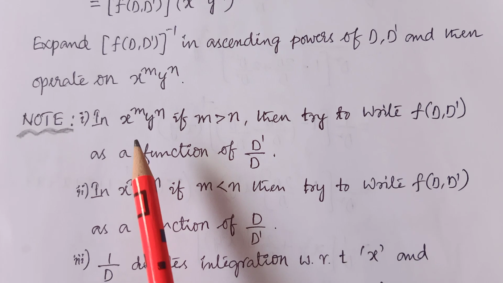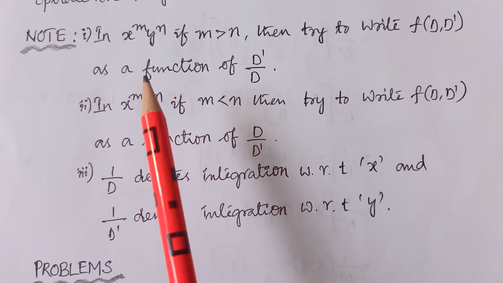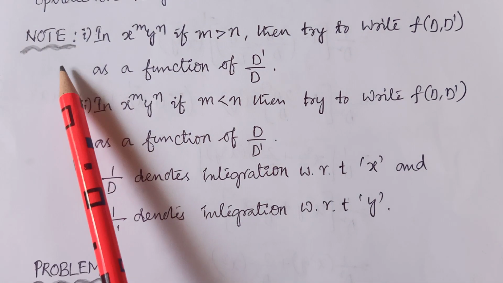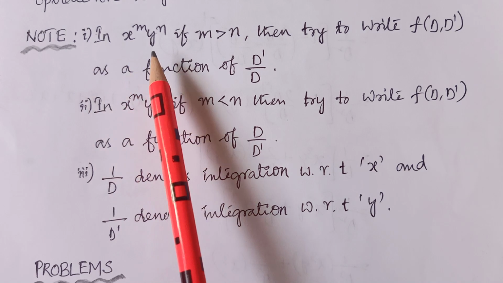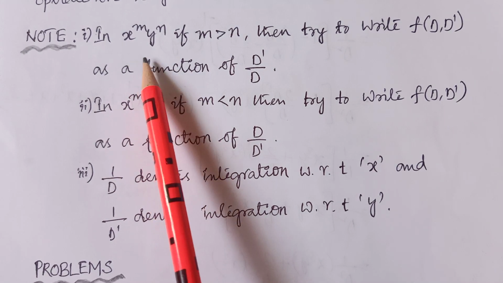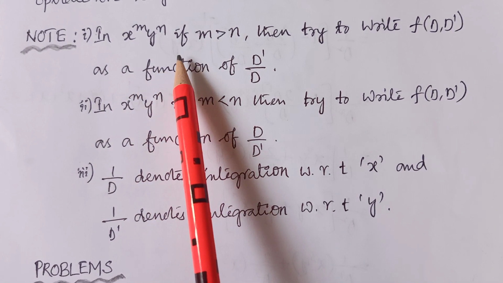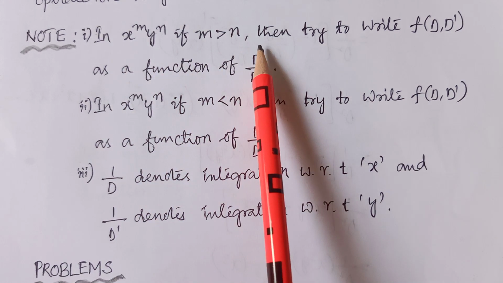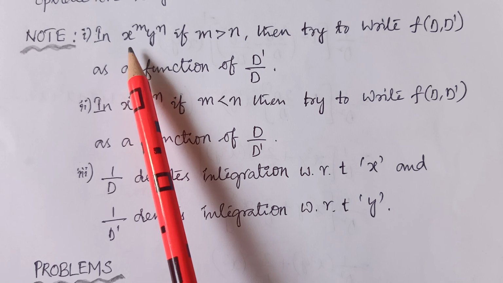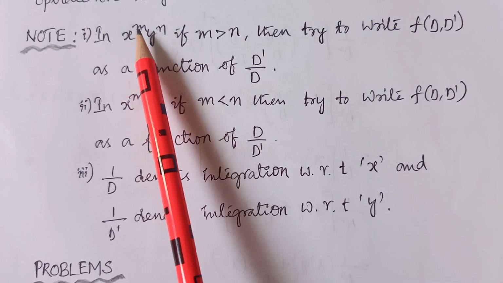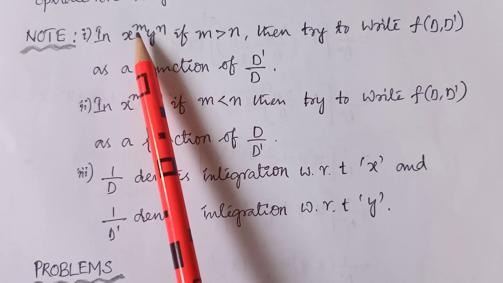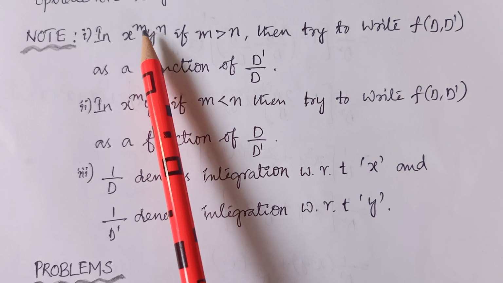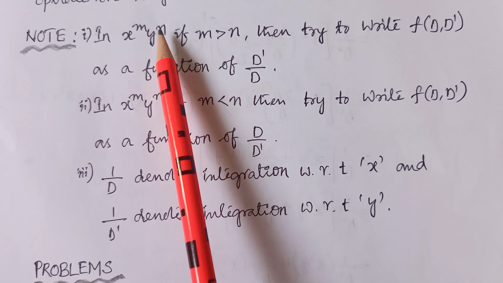Now let us note some important points. The first one: in x power m y power n, the degree of x is m and the degree of y is n.